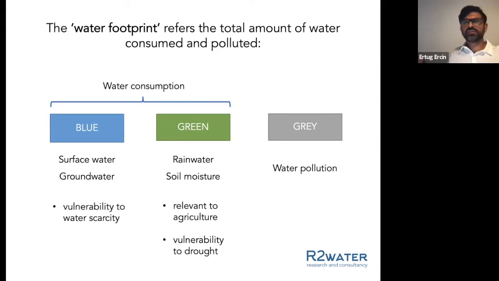So it is a multi-dimensional indicator. It's not just my wastewater is 100 liters, my gray water footprint is 100. No, you need to know the pollutants. If you're giving to an environment a pollutant that is not allowed, or that is toxic, then your gray water footprint increases a huge amount.